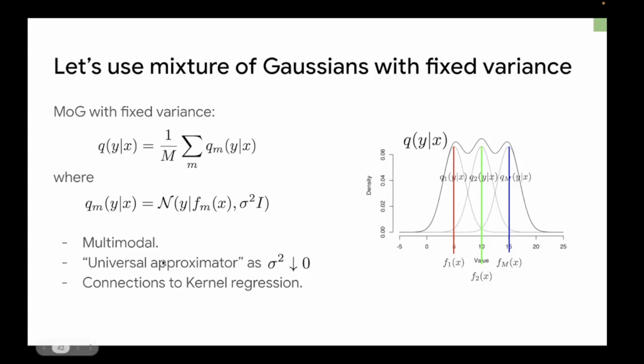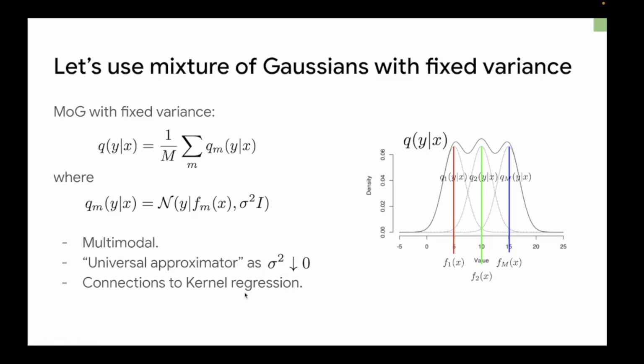This is multimodal, and actually this is a universal approximator for any continuous function as sigma goes to 0. If you have taken some course in non-parametric statistics, then you might have seen the results using, I forgot the name, kernel estimation, kernel regression, some name there, and you can model any continuous density function with a kernel density estimator.